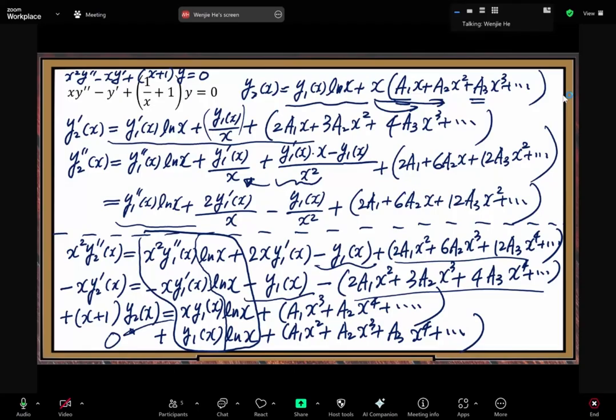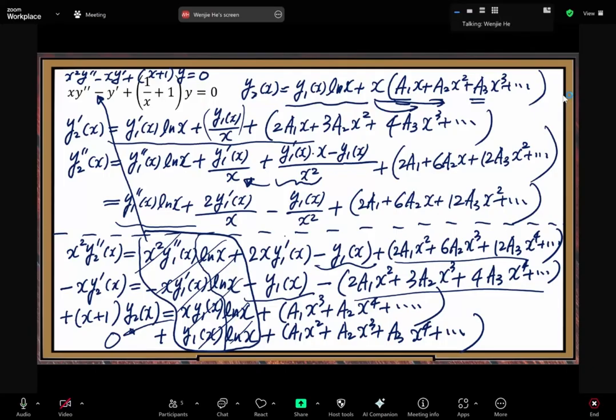When we plug x1 into the original equation, it must be 0. Then that means this whole block is gone. All right. Then this part, other than the capital A terms.